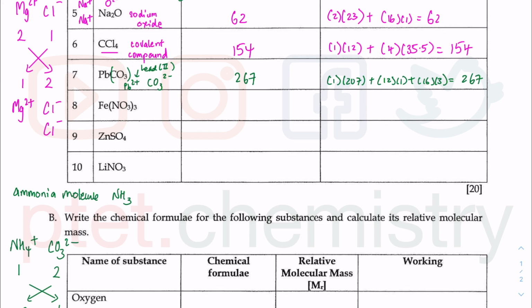Next up, you have 3 of that nitrate, meaning you have NO3 minus, NO3 minus, and also NO3 minus. Minus 1, minus 1, and minus 1 give you altogether minus 3, but you only have 1 of that ion, so for the charge to cancel out, that must be iron 3 plus.